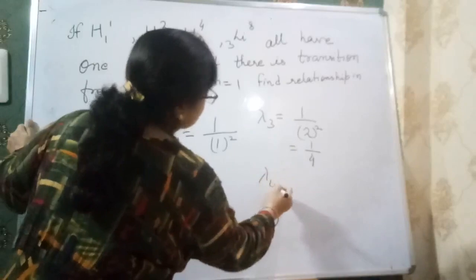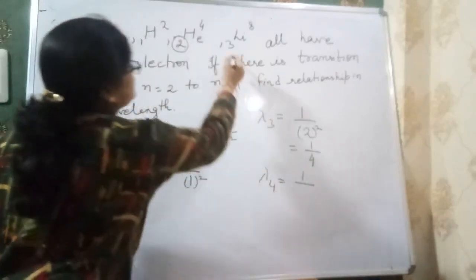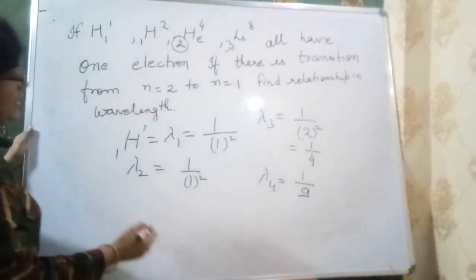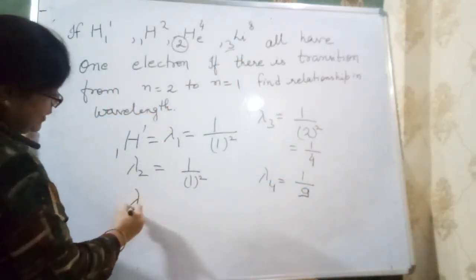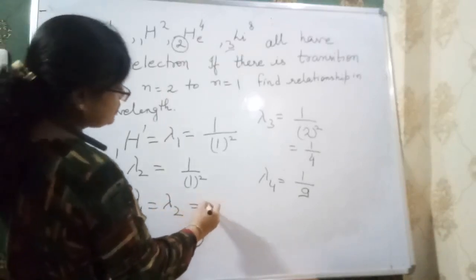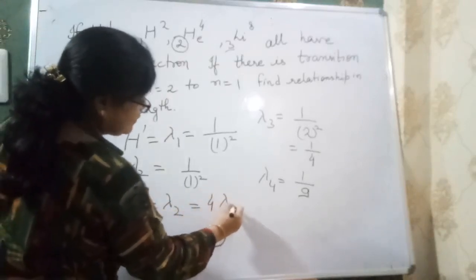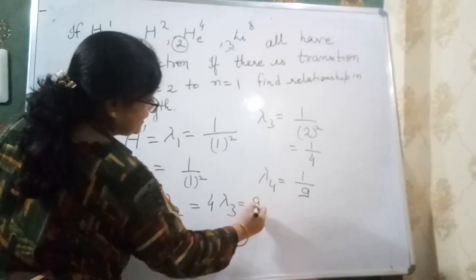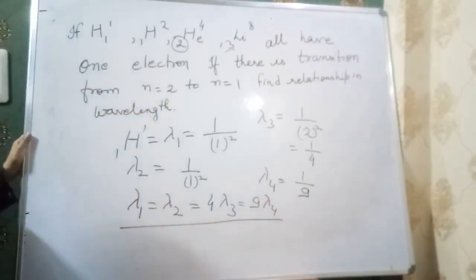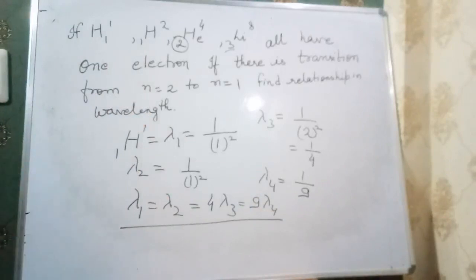For lambda 4 the atomic number is 3, so it is 1 by 9. So we have the relationship lambda 1 equals lambda 2 equals 4 times lambda 3 equals 9 times lambda 4. This way this question is solved. Just by comparing, we easily got the answer.